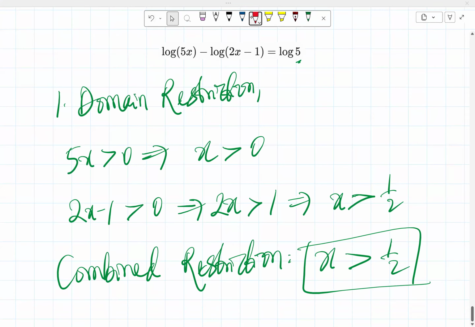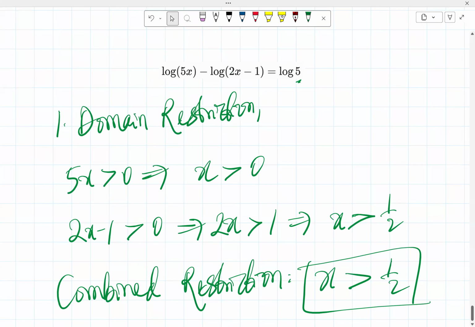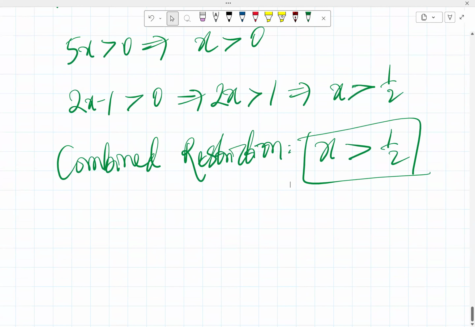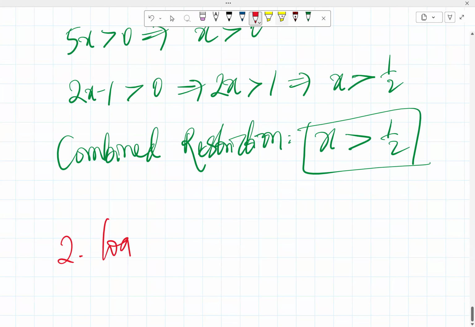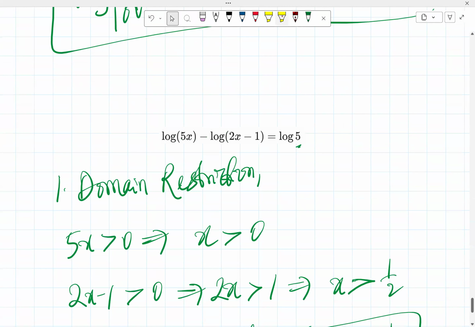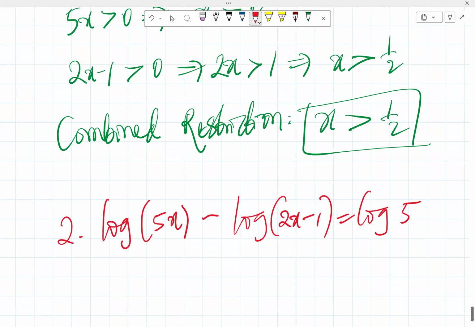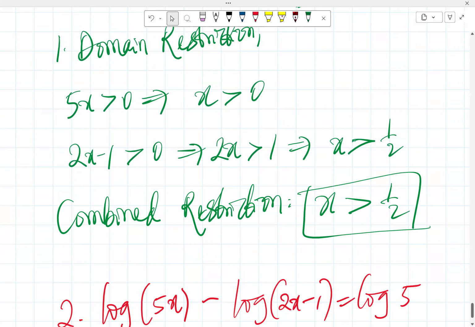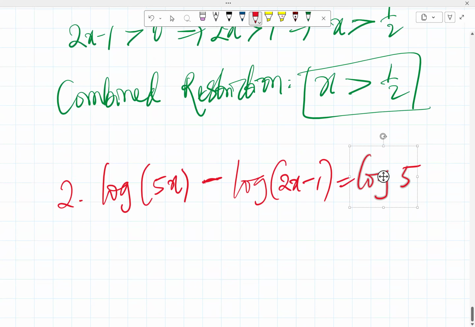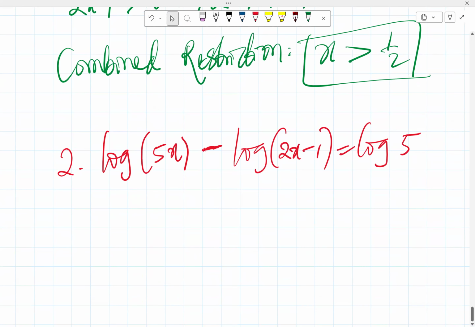So to do that, we want to apply the laws of logarithm. That's step 2. Now we have log 5x minus log of 2x minus 1 equals log 5. So here now, this is subtraction, and what talks about subtraction is the quotient law.